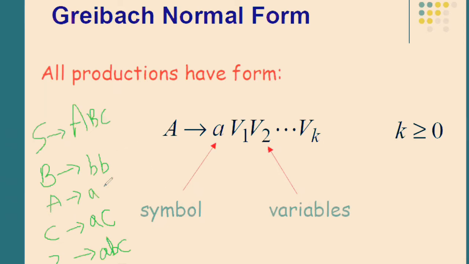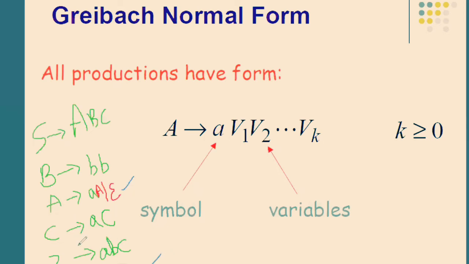Here what I do is, I'll say this can be epsilon also, and I'll make it capital A here. A tends to B. Okay, now you can see here we have an epsilon production, right?